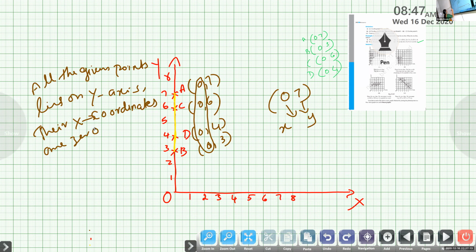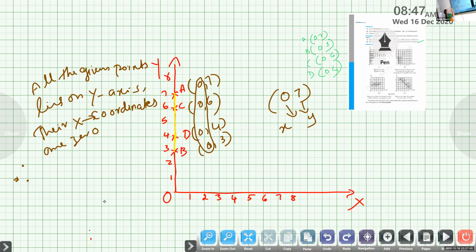Therefore, for all points on the y-axis, the x coordinate is 0.